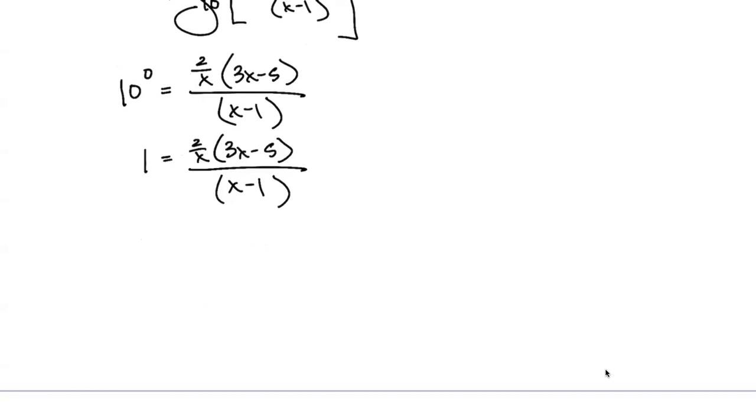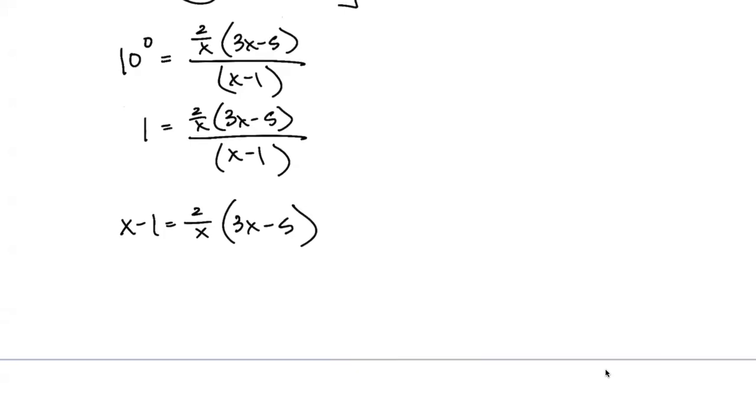You could pass over x minus 1 to the other side. Beautiful. What else could we do? You could convert the 2 over x times 3x minus 5 into 2 times 3x minus 5 divided by x.